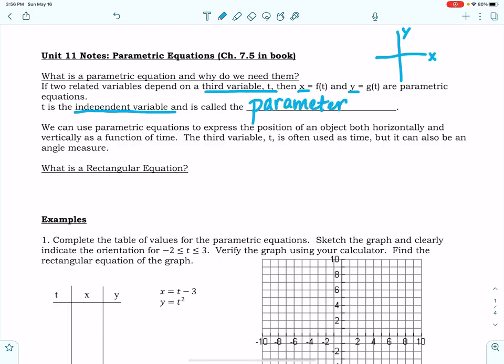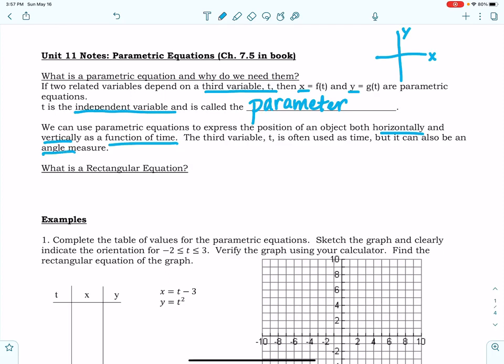It can be time, to express how an object moves in the coordinate plane as time passes. So x and y can both be functions of time, so the horizontal and vertical movement of an object as time passes. Sometimes it can be an angle measure, it just depends on the situation.